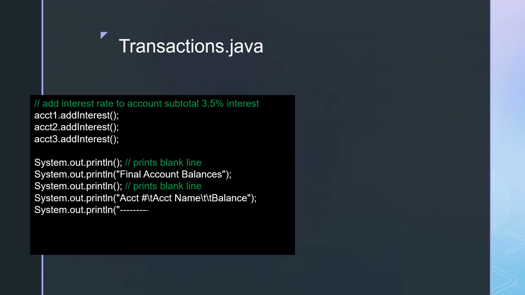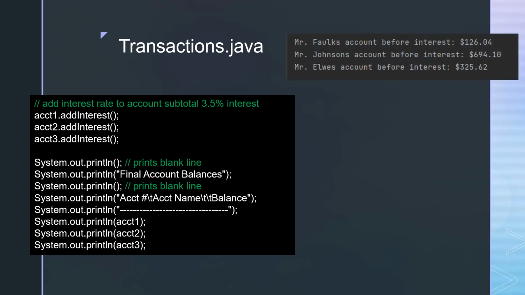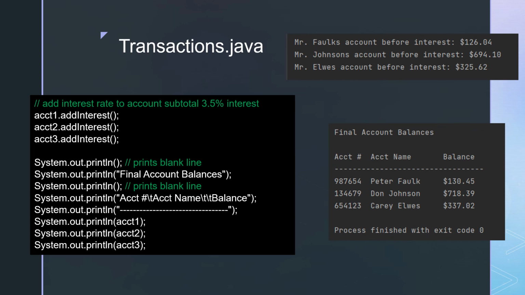Then we'll draw a number of dashes, followed by the ACCT1, ACCT2, ACCT3. Here is the balances before the interest was added, and here's the final balances after the interest was added. And that's the program.